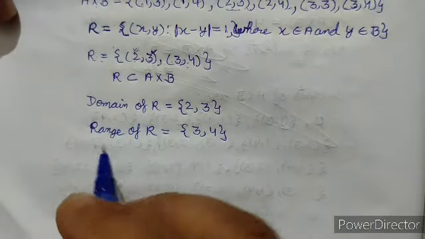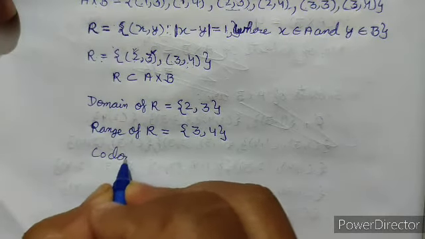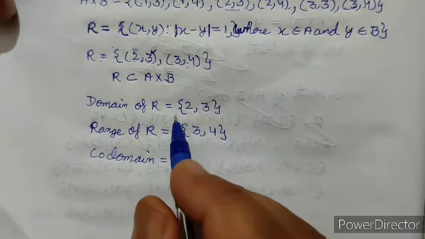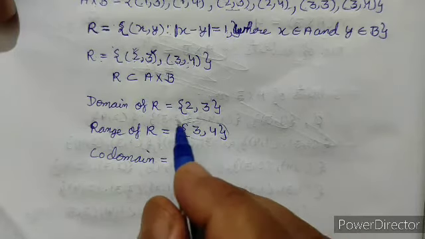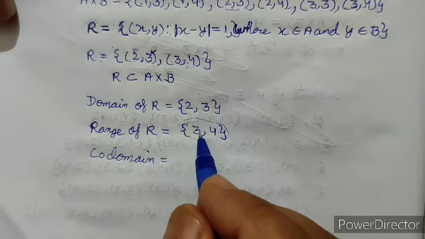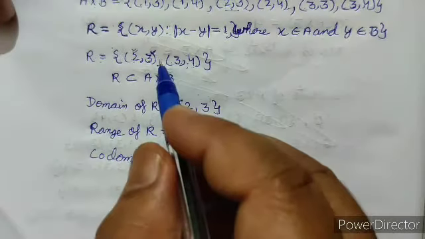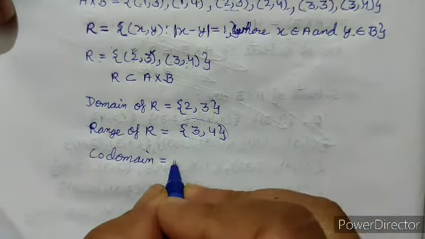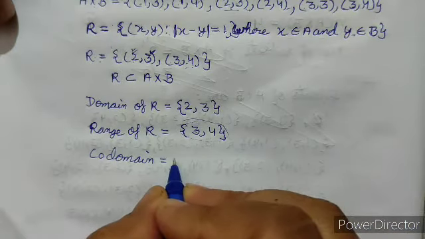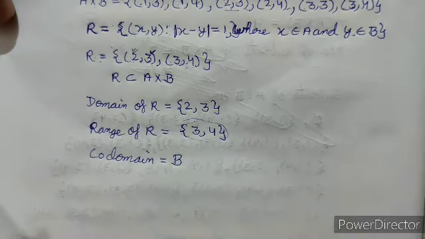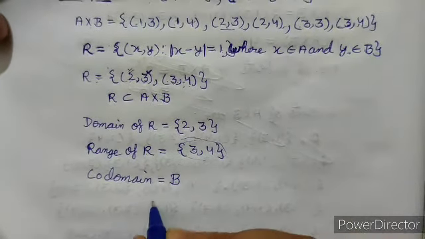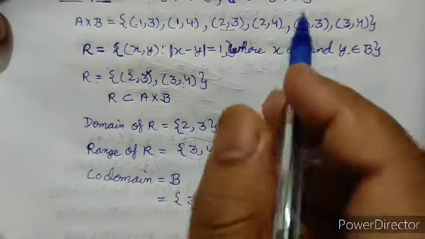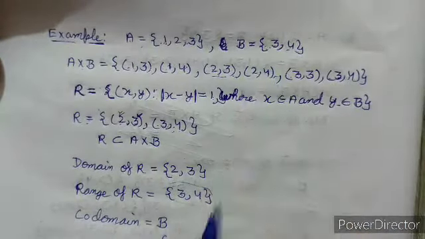Now codomain. Codomain is the set from where we have obtained the range of the relation. Now here the range of the relation is {3, 4}, and this {3, 4} we have obtained from the set B. Therefore the codomain of the relation R will be the whole set B. You can also write that this will be equal to {3, 4}, as set B has two elements 3 and 4.